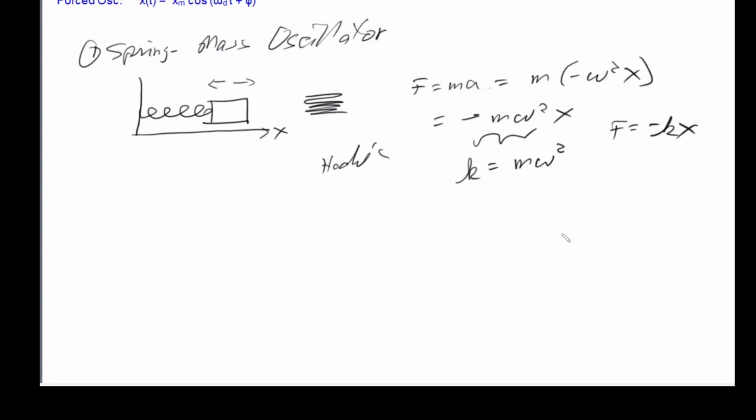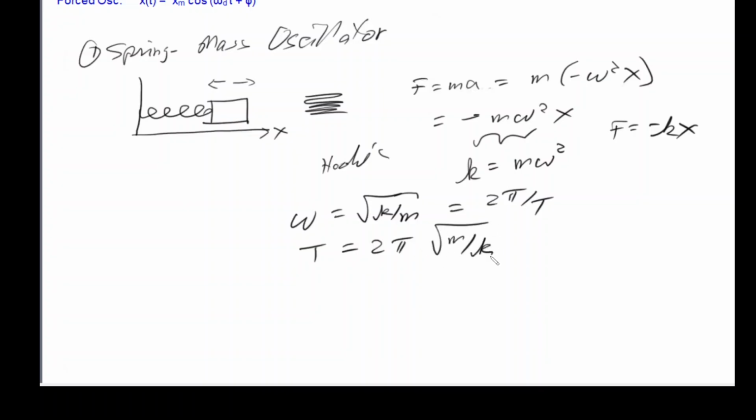In which case, we then can find that omega, the angular frequency, is equal to the square root of k over m, where k is the spring constant, which is equal to 2 pi over T, the period. And we can also say that the period is equal to 2 pi times the square root of mass over k.